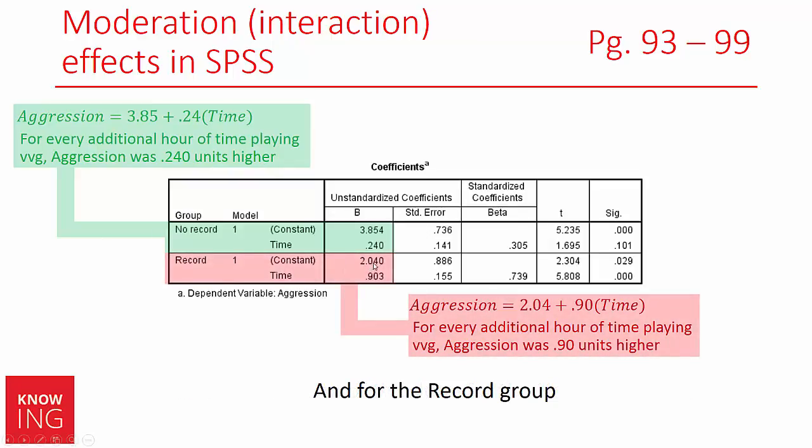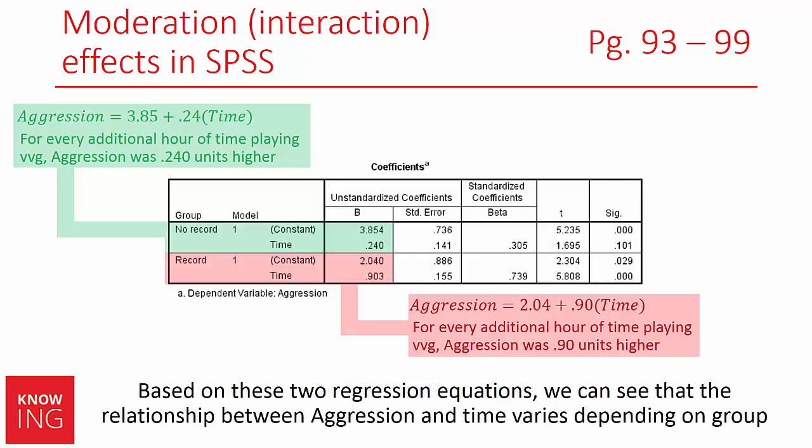Here the constant is 2.04, which is the first part of our equation, and the second part is plus 0.90 multiplied by time. In other words, for every additional hour of time spent playing violent video games, aggression was 0.90 units higher. Based upon these two regression equations, we can see that there is a very different relationship between aggression and time spent playing violent video games, depending on which group you belong to.